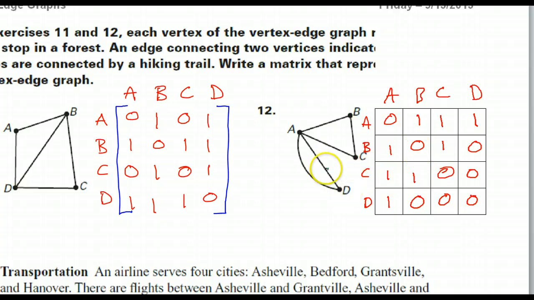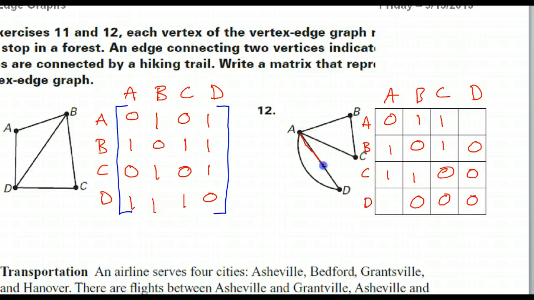Wait, I messed something up. Okay, going back. I was going so fast that when I talked about the connections between A and D, I saw there was a connection and I just put a 1. But that is actually only half true, because between A and D, not only is there a connection, but there are actually 2 connections.